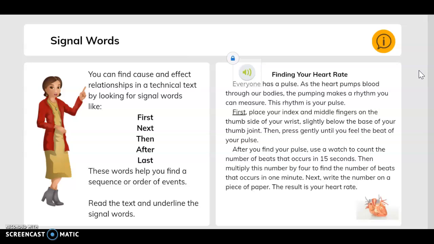After the front of the heart... Multiply this number by 4 to find the number of beats that occurs in 1 minute. Next, write the number on a piece of paper. The result is your pulse rate.